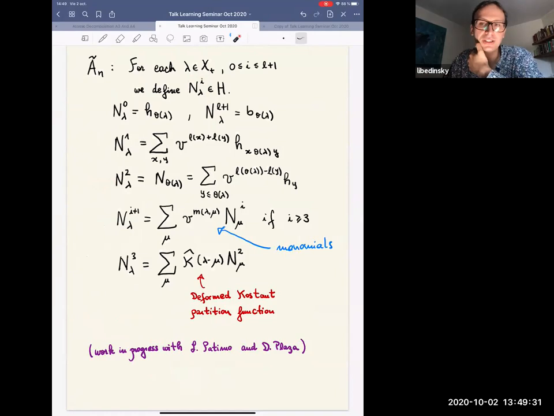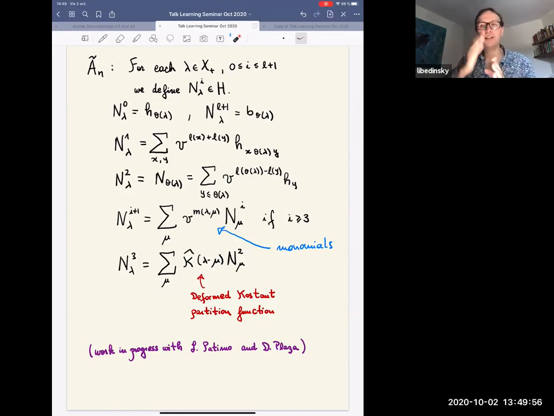You consider the roots in A n tilde. They are sums of strings, like alpha 3 plus alpha 4 plus alpha 5, for example.